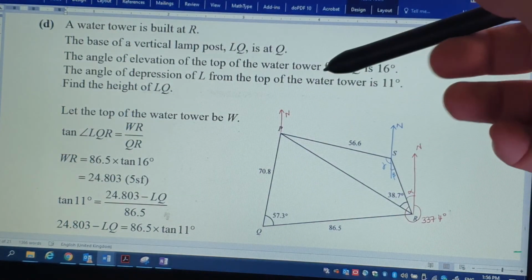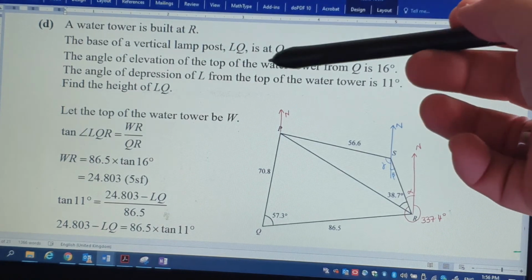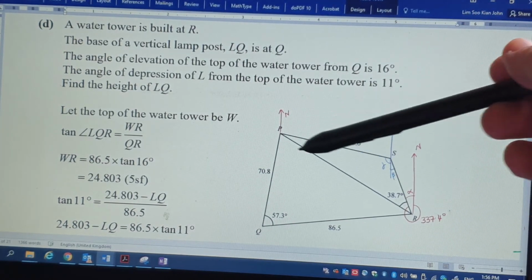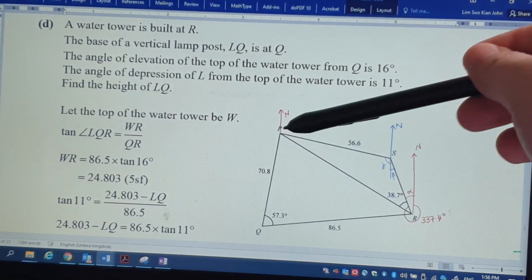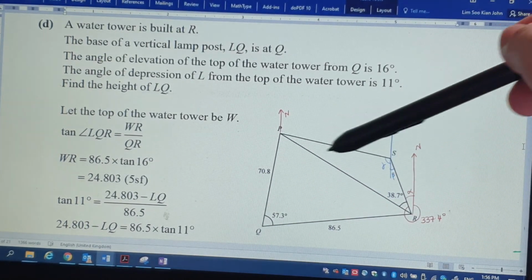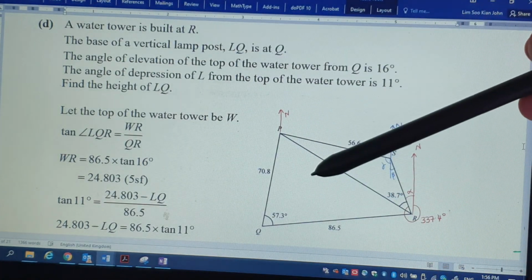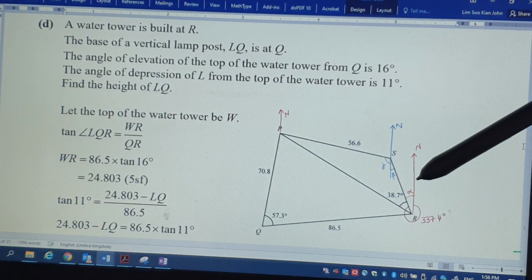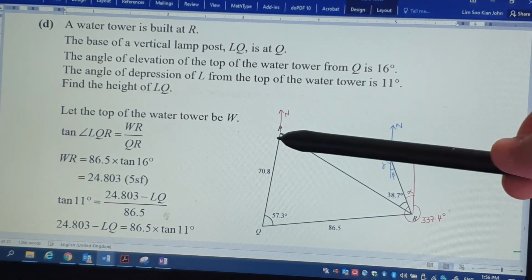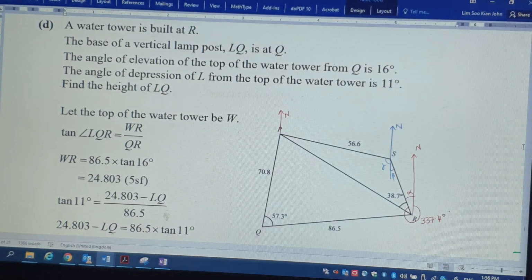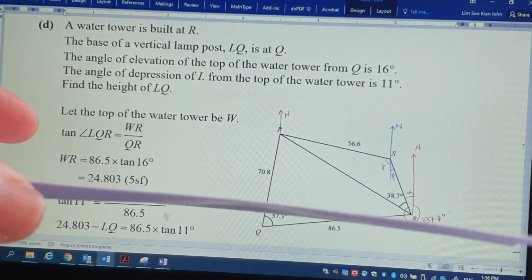Now, you remember in class we did a bird question, also something like that. All these are points on the ground, on the floor. The water tower is built at R. But this tower is not on this north line here. It's actually a flat thing here.